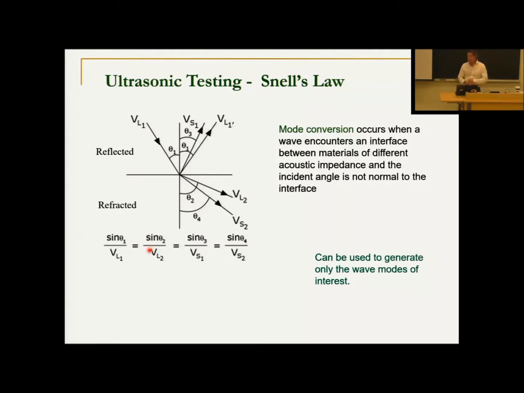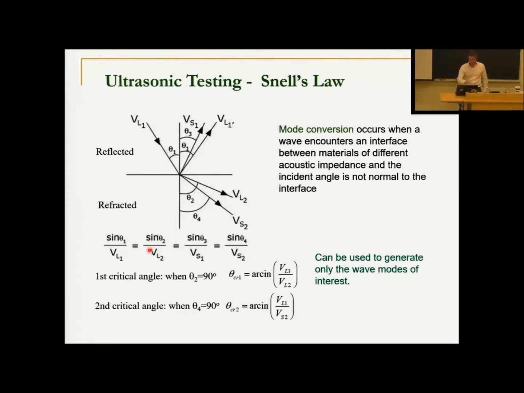But we can use this characteristic to simplify our life and get rid of some of these mode-converted waves. So for example, if we increase this angle, and therefore we increase this angle, we can increase this angle so that the reflected compression wave is going along the surface.